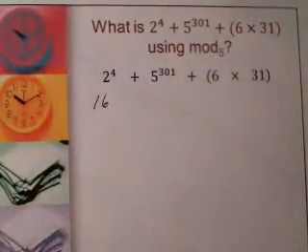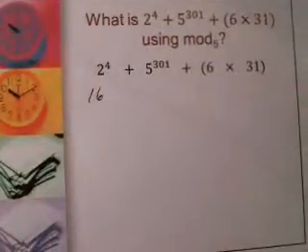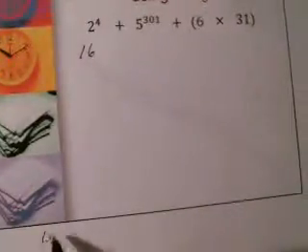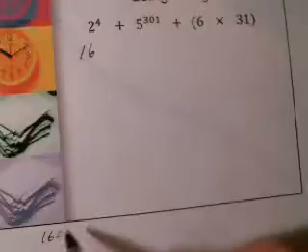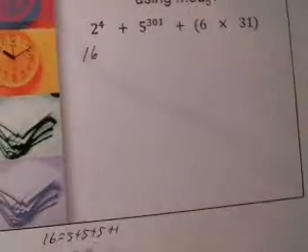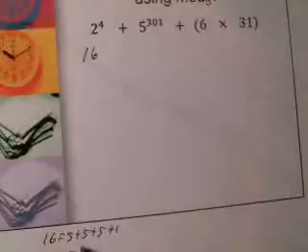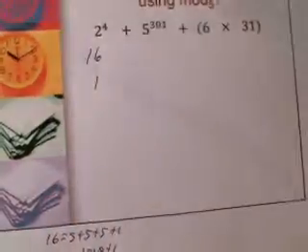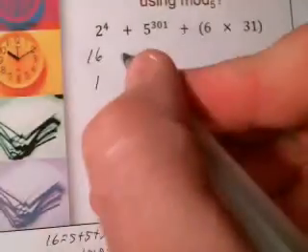Now again, you can set this up any way you want. You could say 16 is 5 plus 5 plus 5 plus 1, and of course the 5s are all equivalent to zeros, so you end up with 1 when you're doing mod 5.